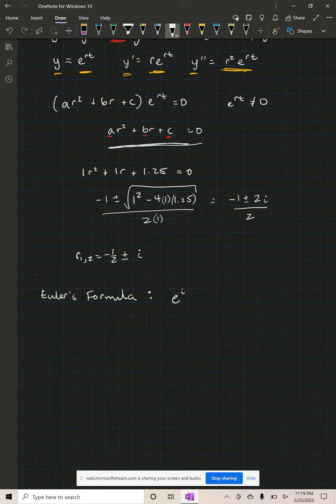It's e to the it is equal to cosine of t plus i sine of t. This comes from a Taylor series expansion, which I won't go into detail here, but basically this is the formula that we need to use in order to solve our differential equation.